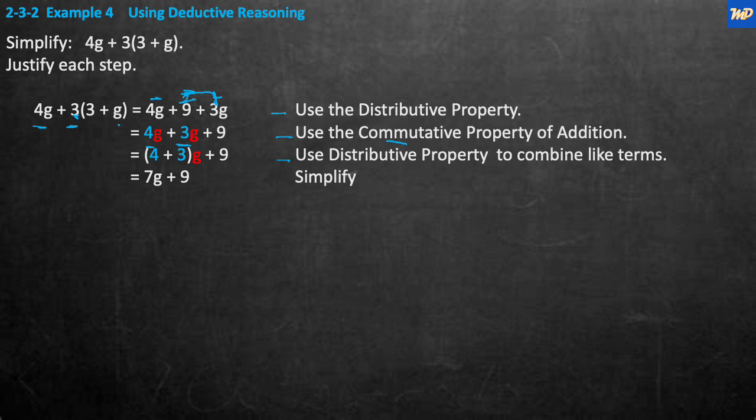Normally we would say add down here first. So we have to add the 4 and the 3 and get a 7, and you get the 7g plus the 9. So the answer now is 7g plus 9.